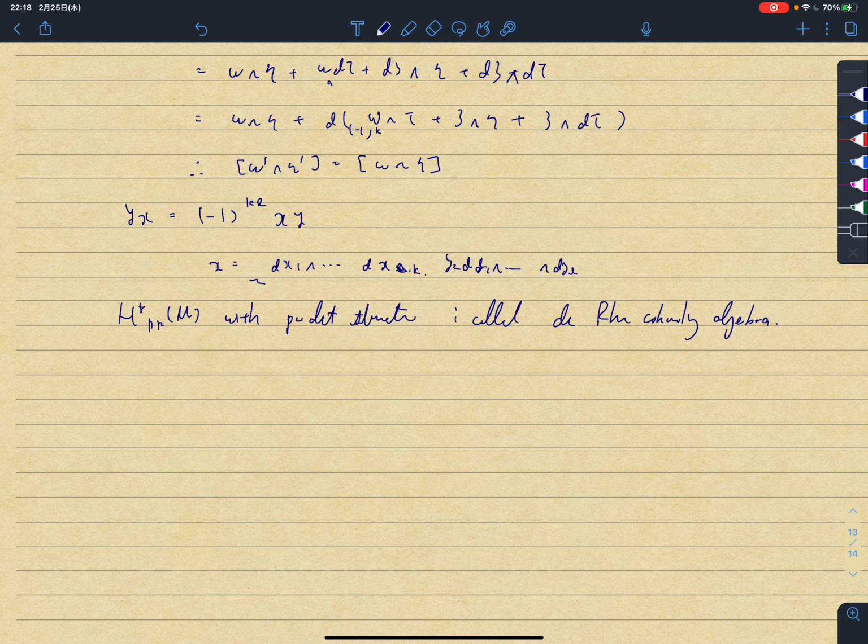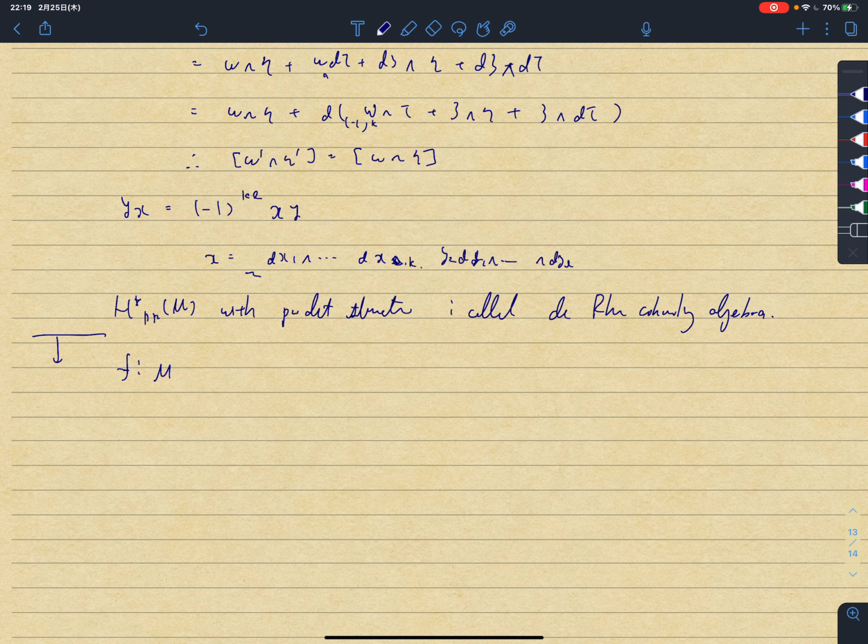Let M and N be smooth manifolds and f a smooth map. Then there is a pullback. The talk seems to go in a new direction.